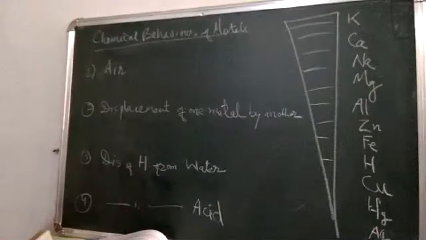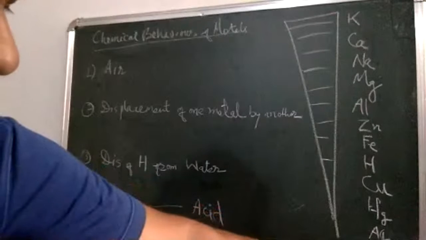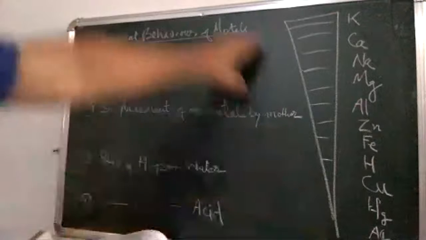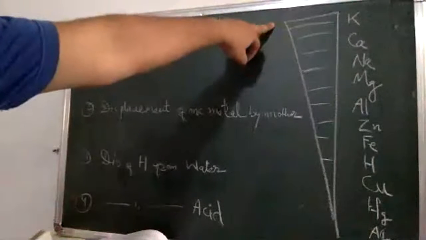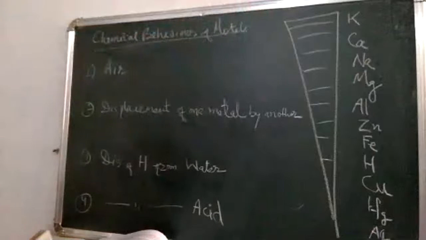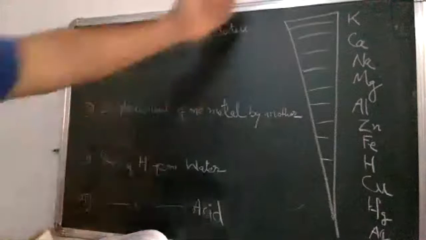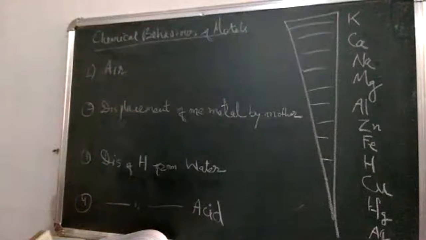So very low activity is shown by gold, but the most active one is potassium. I will recommend you to remember these 11 elements in this order only. This order of activity is called the activity series.